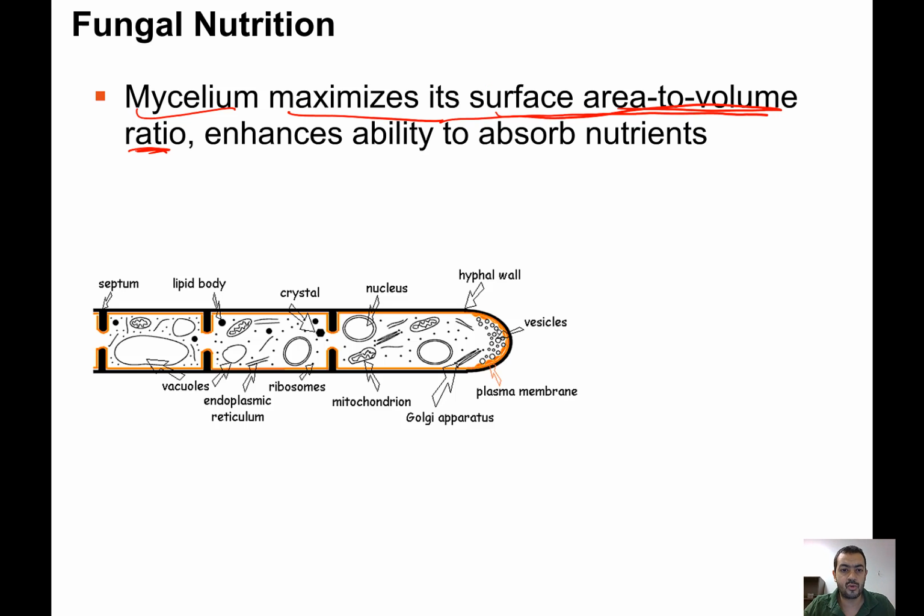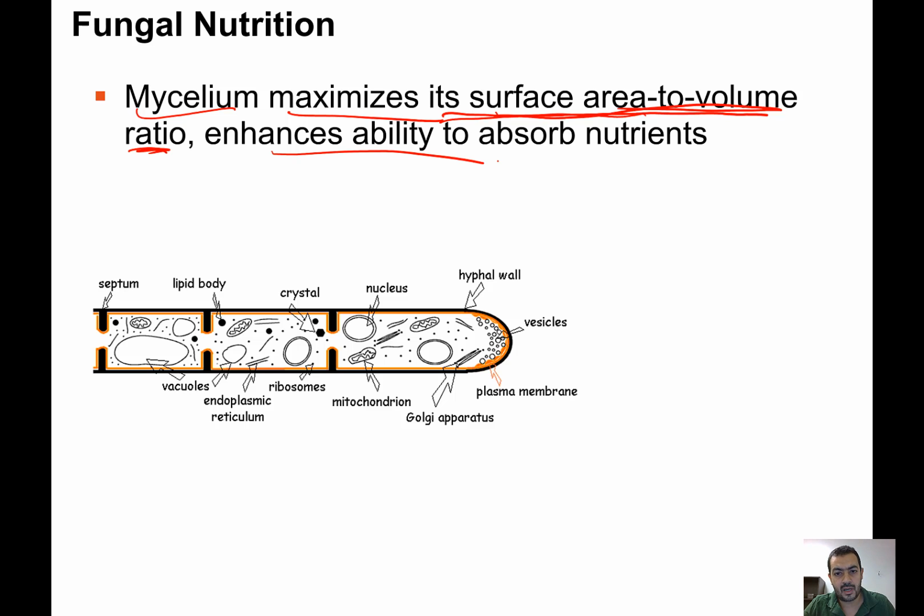So both the roots of the plants and the hyphae of a fungus, by having these thin and very long structures, ensure a maximized surface area to volume ratio, which means that they have an enhanced ability to absorb the nutrients. So this is something that fungi share with plants.